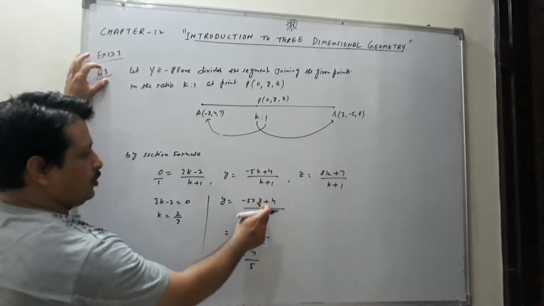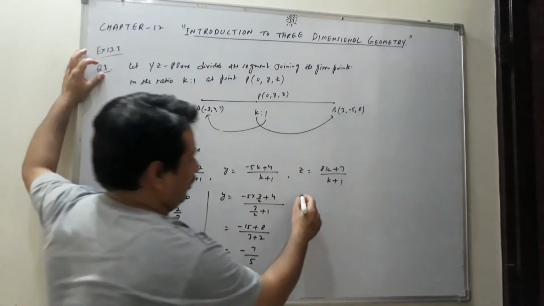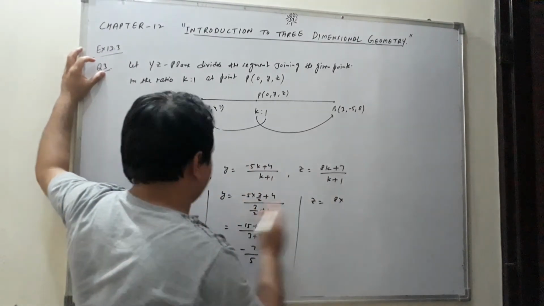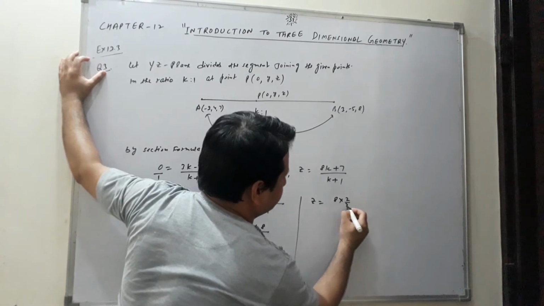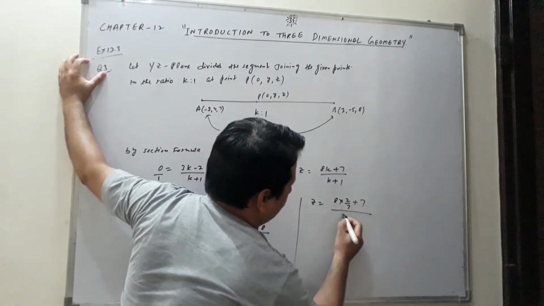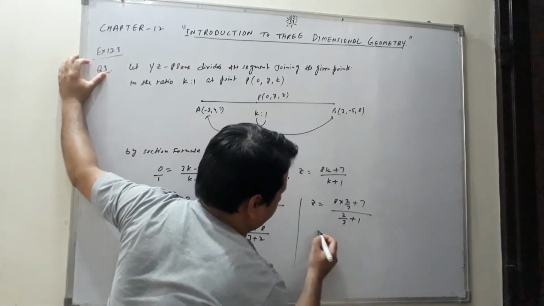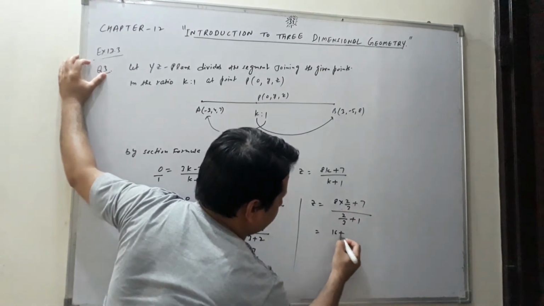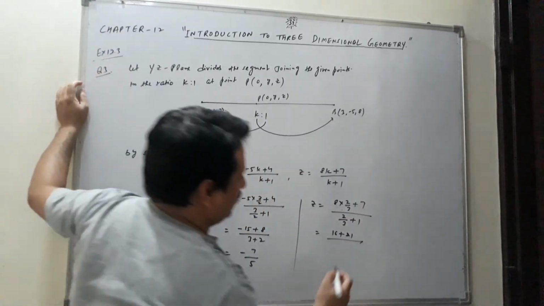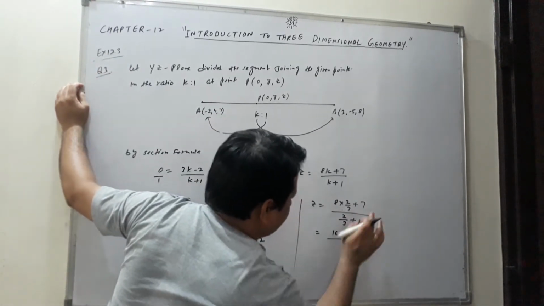Because in the denominator 3 will cancel out. Now let us come with z. That is equal to 8 into the value of k, 2 by 3, plus 7 upon 2 by 3 plus 1, means 8 2s are 16 plus 3 7s are 21 upon 5 by 3, 3 will cancel out.